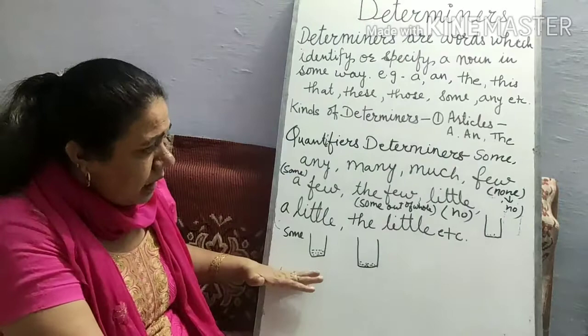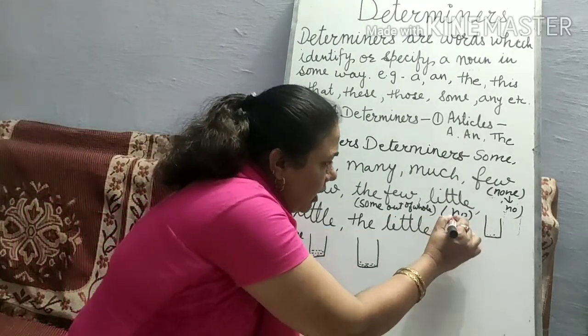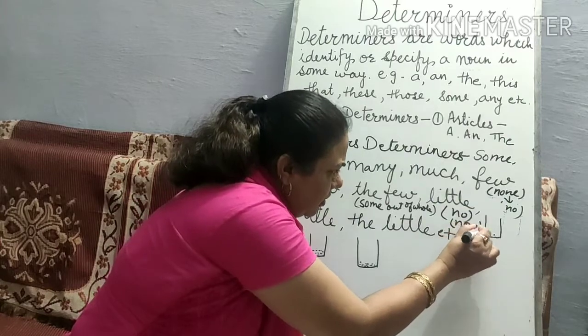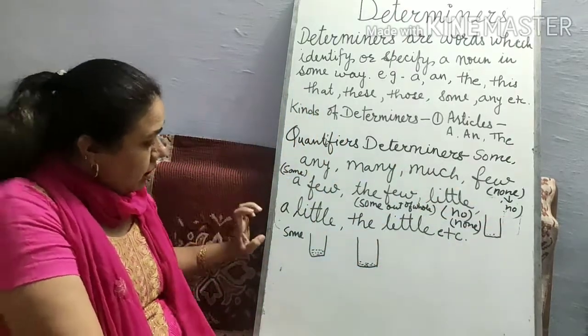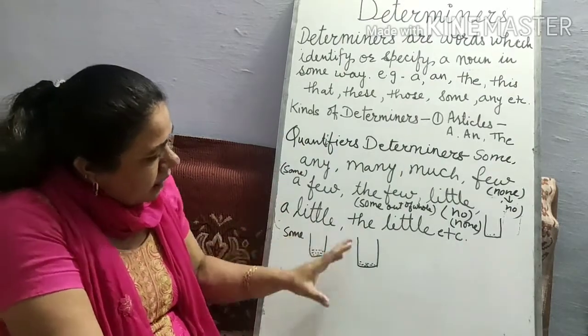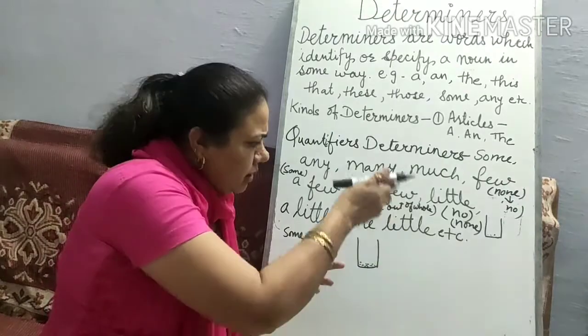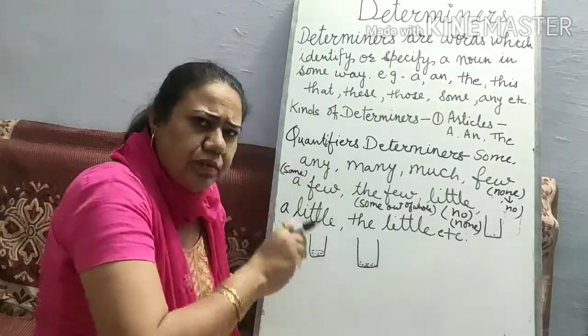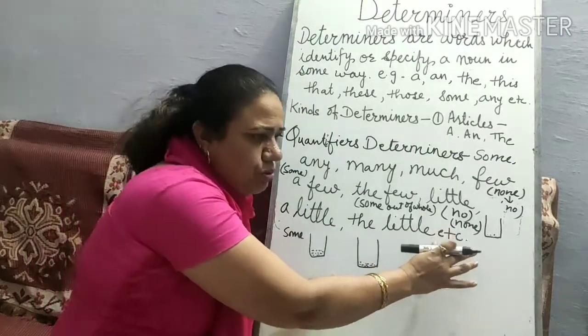So you can understand, little means no. None and no mean the same. So there is little water in the jug, there is a little water in the jug, and the water that was in the jug, I have used it. It means very less water was there, so I have used it.